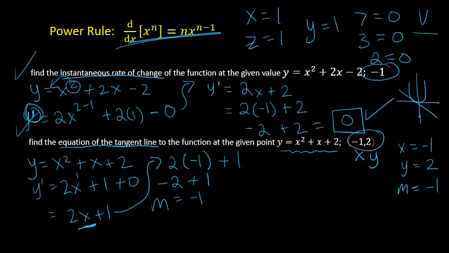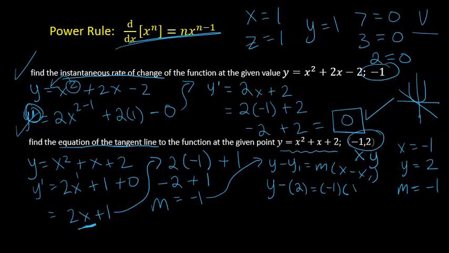That's negative 1. And now I'm going to use the formula y minus y1 equals m times x minus x1, which is going to be y minus 2, they gave me the 2, equals the negative 1 I found, times x minus negative 1, right? Which is y minus 2 equals negative x plus 1, right?